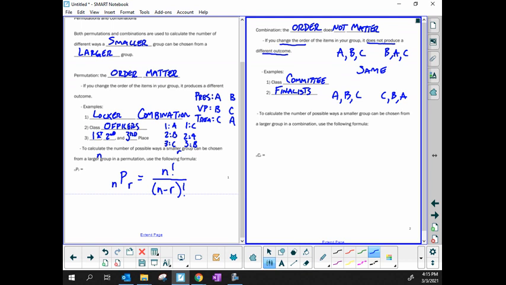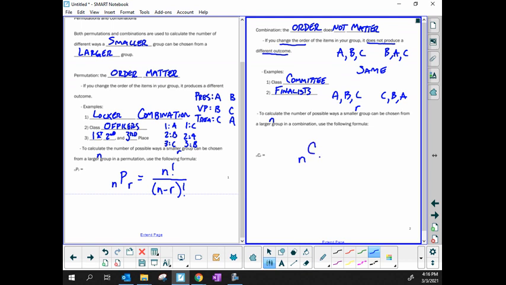All right, so how do we find the total number of possible ways for a combination? Well, to calculate the number of possible ways, a smaller group can be chosen from a larger group. We're going to call the smaller group R. We're going to call the larger group N. In a combination, we use the following formula. I'm going to write it so it's a little bigger.